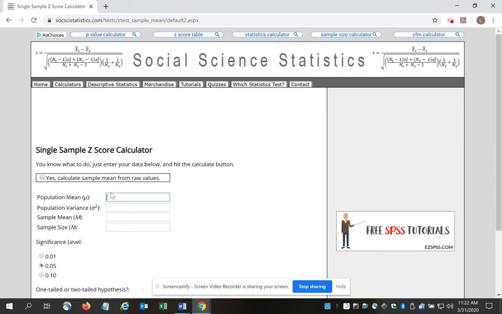My population mean was $69.23. My population variance was 13.8384. My sample mean was $68.43. We checked 30 hotel rooms.